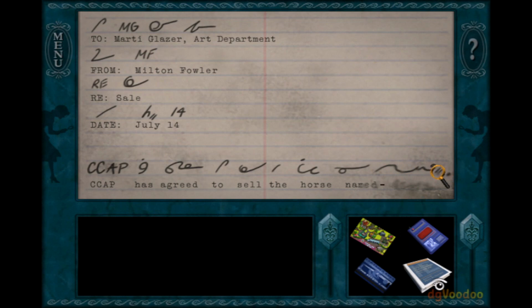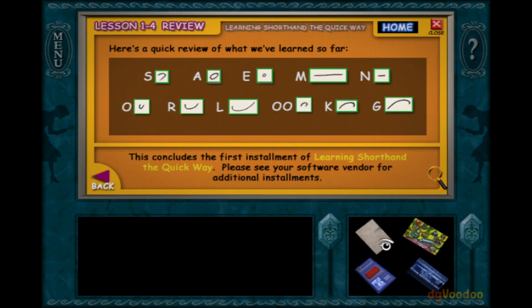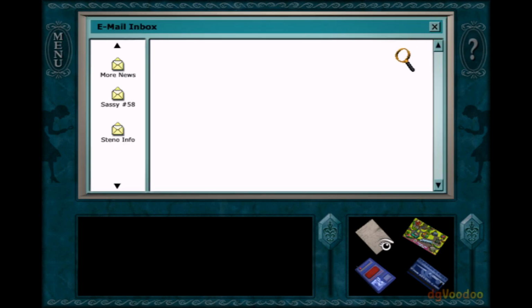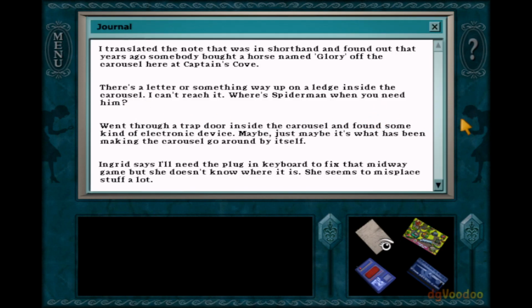So, and it's with a capital G. So the name of the carousel horse is Glory. All right. So that's that solved. What do we have here now?